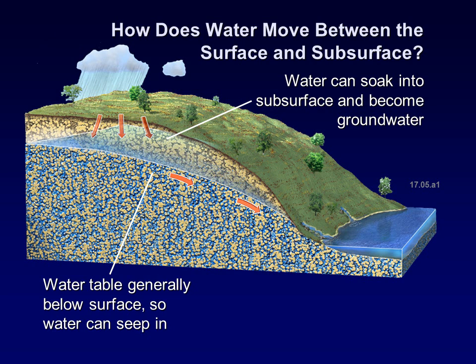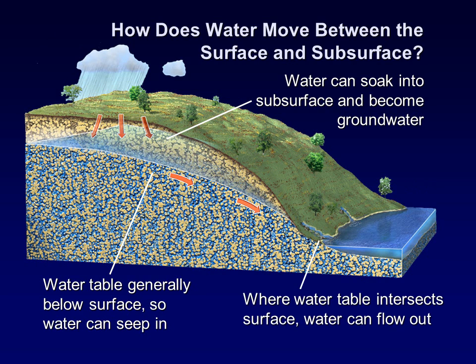So as the water infiltrates from the surface down through the ground, it passes through the unsaturated zone, it hits the water table, and below that is the saturated zone. So once it hits the saturated zone, it becomes part of the rest of the groundwater, and then it can flow downhill.